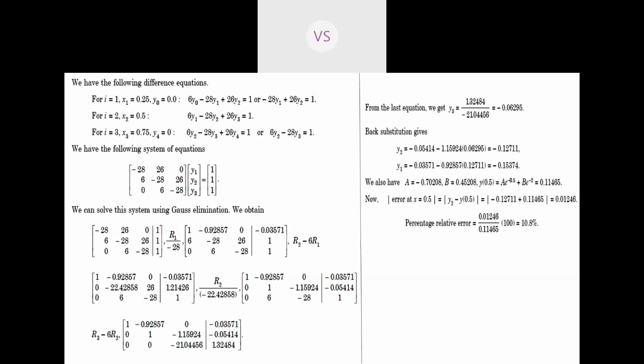Analytically, you get the value as 0.11465, and by the numerical method you obtain the value as 0.12711. So we take the difference over here, and we get the error as 0.01246. So the percentage relative error is 0.01246 upon the true value. What is the true value? It is nothing but the analytical value, into 100. So we get 10.8% relative error.